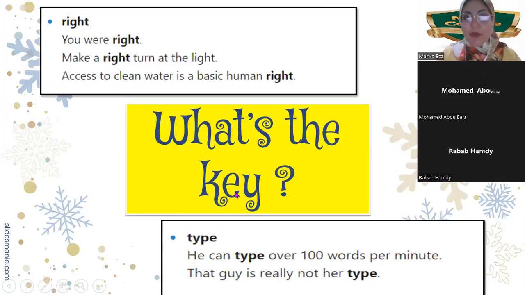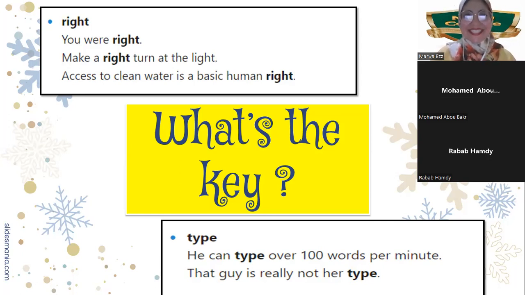Ms. Rabab, are you ready for the next one? Yes. Wonderful. So check here the third example, for the word right. Can you read the three examples? Yes. Number one, you were right. Here it means that you are correct. Great. And it's an adjective. Make a right turn at the light. Here it means right, the opposite of left.